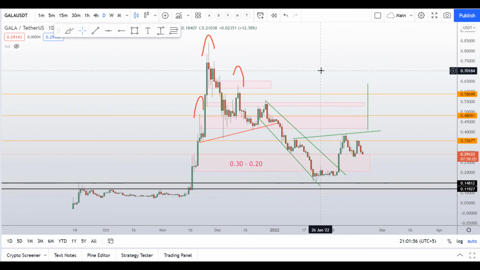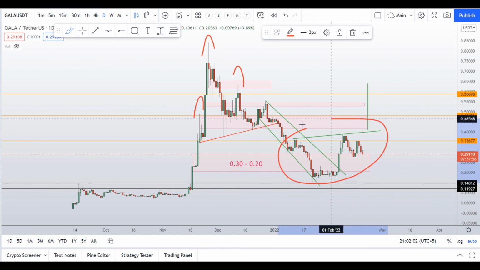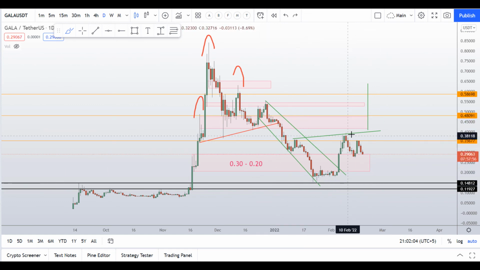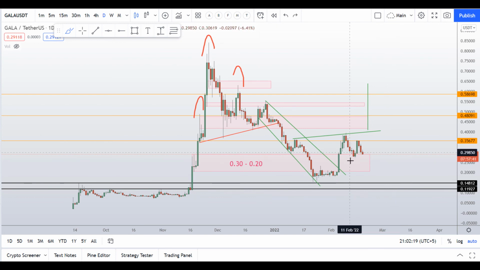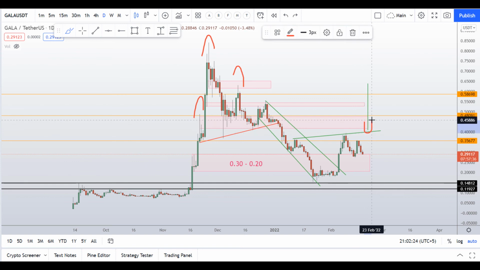Now let's analyze the Gala coin here for a bit. The Gala coin is looking stable here, and it is showing us a nice inverse head and shoulder pattern here, but this pattern is not confirmed yet. If you recall my previous videos, we were watching this left shoulder, head, and the right shoulder is in the process of formation. This inverse head and shoulder pattern will be confirmed when we see a bullish candle break out above this 40 cents region here.